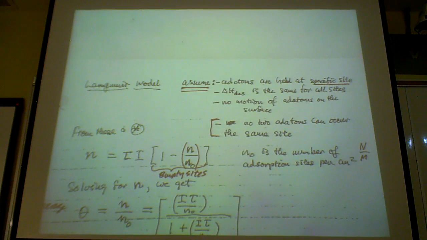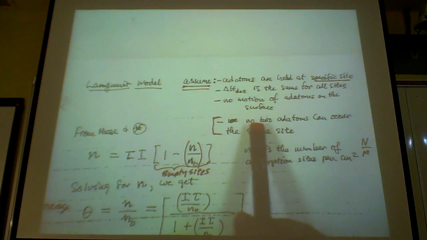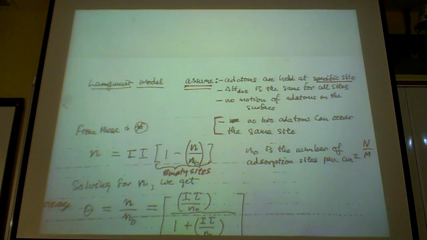Because if it were strongly interacting with itself, then you would expect your adsorbate may interact with another incoming particle and form sort of a dimer or trimer. But he said, no, you cannot have that. The only strong interaction is between adsorbate atom and your surface atom. So no two adsorbates can adsorb on the same site. Once the site is occupied, that's it. The other atom cannot come on the same site.